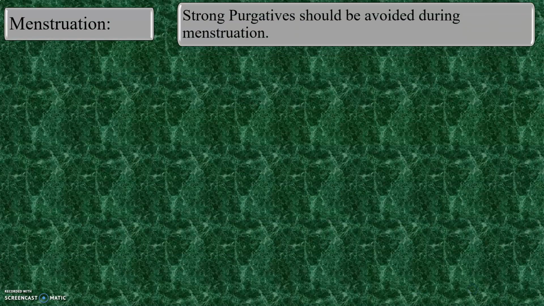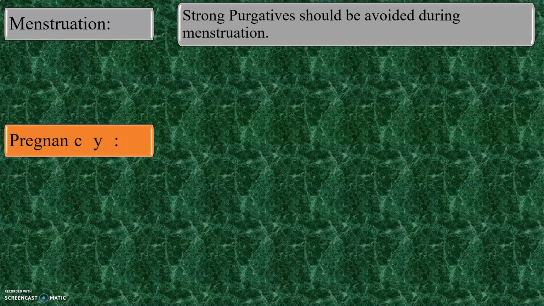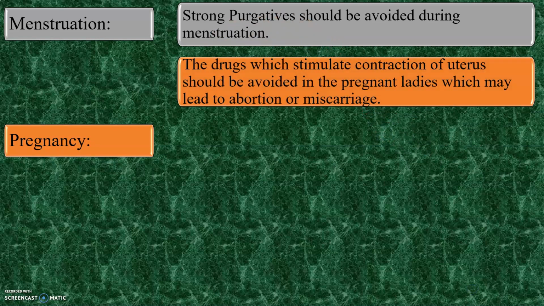In menstruation, strong purgatives should be avoided. In pregnancy, the drugs which stimulate contraction of uterus should be avoided in the pregnant ladies, which may lead to abortion or miscarriage.